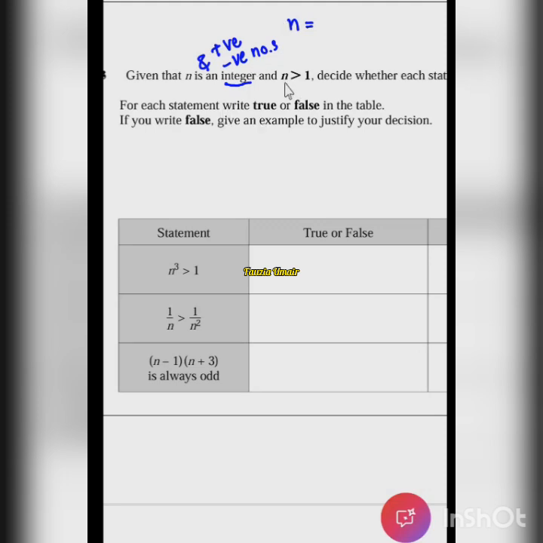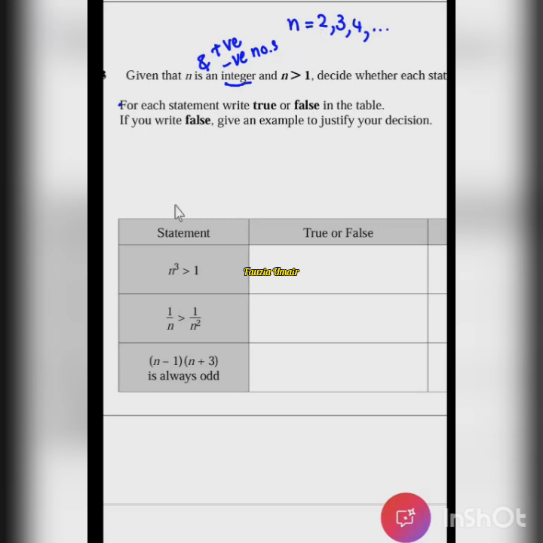So what will be the smallest value of n? n will be starting from 2, 2, 3, 4, and so on. That's right. So the smallest value of n is 2 and it goes on.